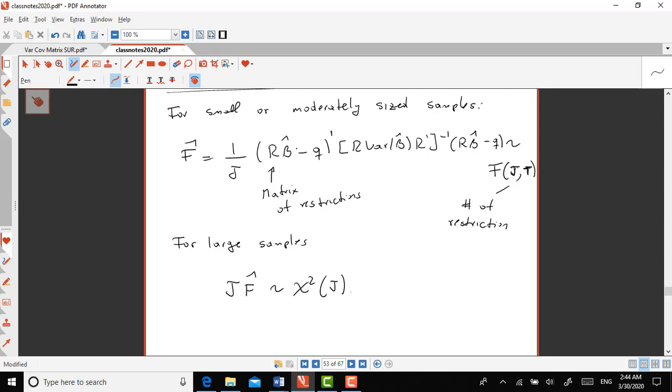So I think that's what I have for you regarding the seemingly unrelated regression. At first, we defined what the seemingly unrelated regression was. Basically, we have several equations. We talked about the main assumptions. So we assume exogeneity, homoscedasticity, and the main assumption has to do with the relation of the errors for the same individual across equations, and we looked at the structure of those errors.